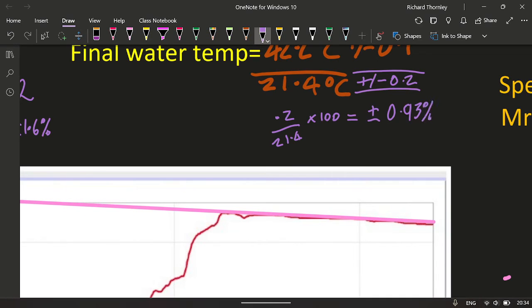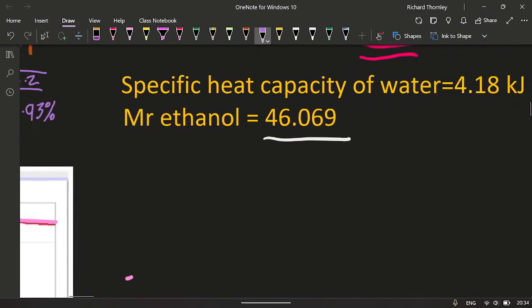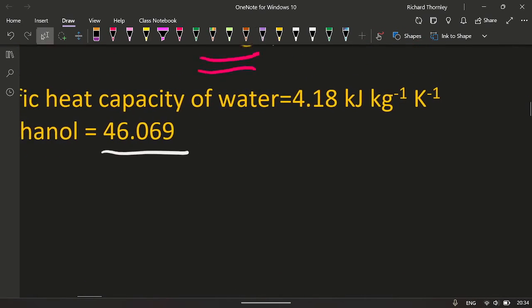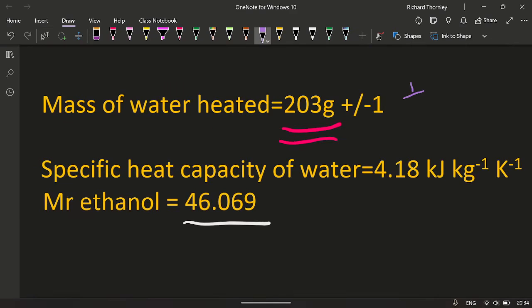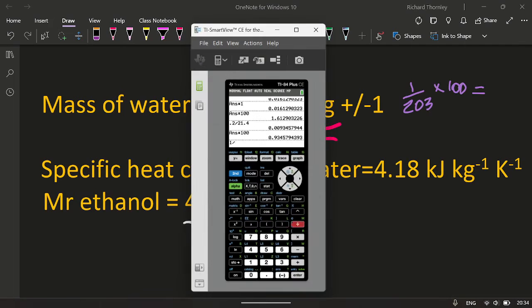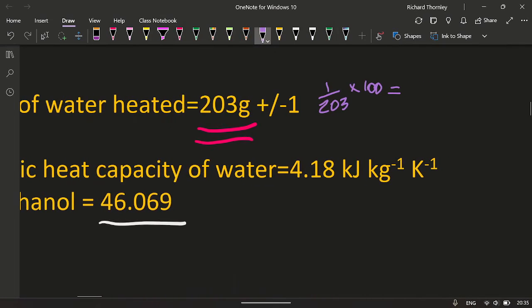Again, not too shabby. Looking at the mass of water, there's another uncertainty there. So let's work out that percentage uncertainty. So that's plus or minus 0.49%.